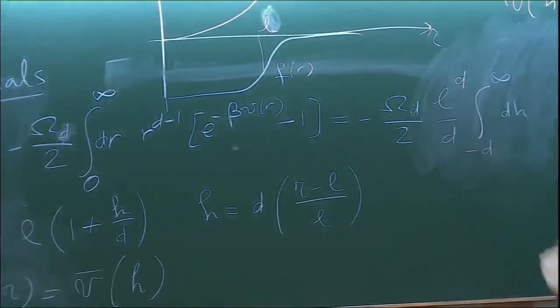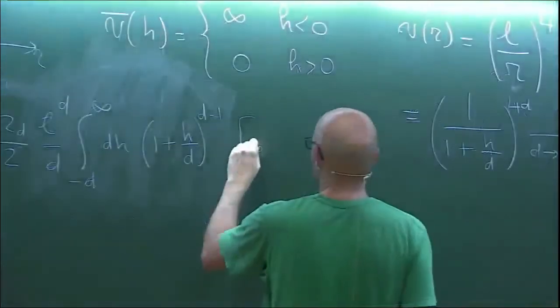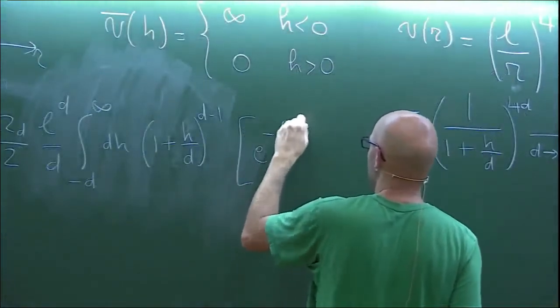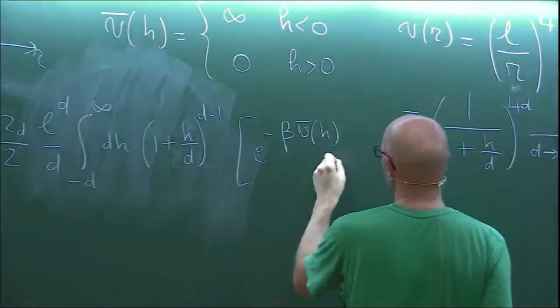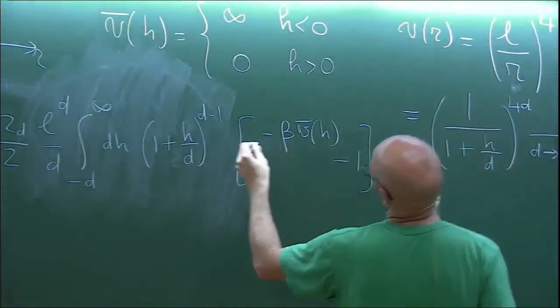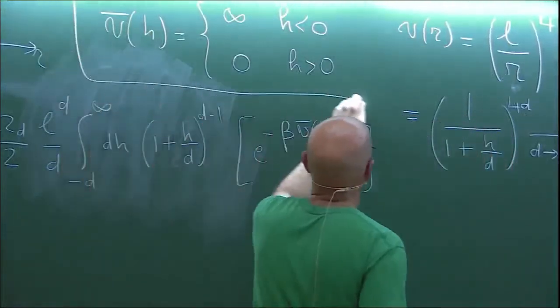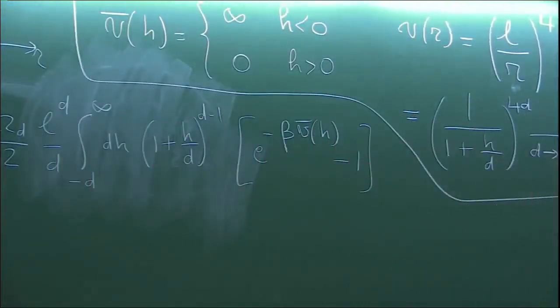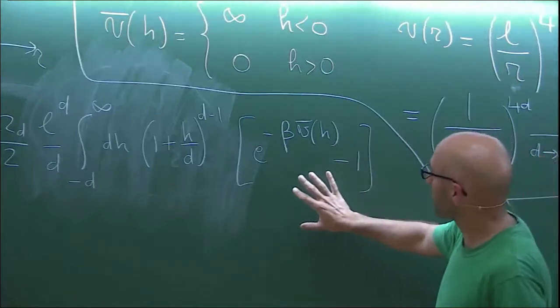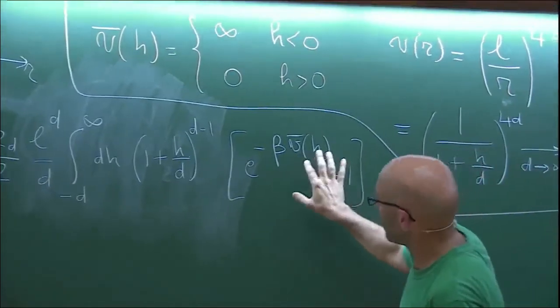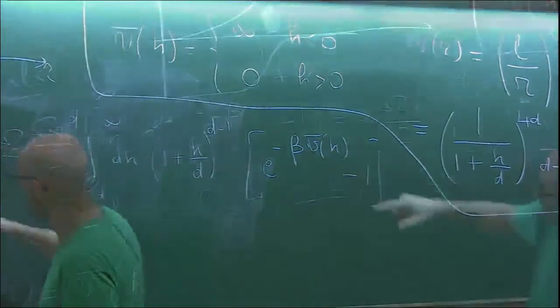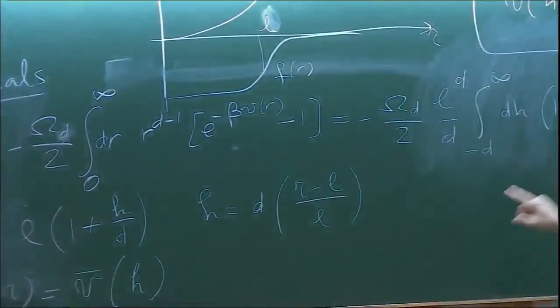So this becomes L to the D. And here you get 1 plus H over D to the power D minus 1. And then you have exponential of minus beta V bar of H minus 1. Sorry for the confusion on the blackboard. And here I just changed V of R into V bar of H.